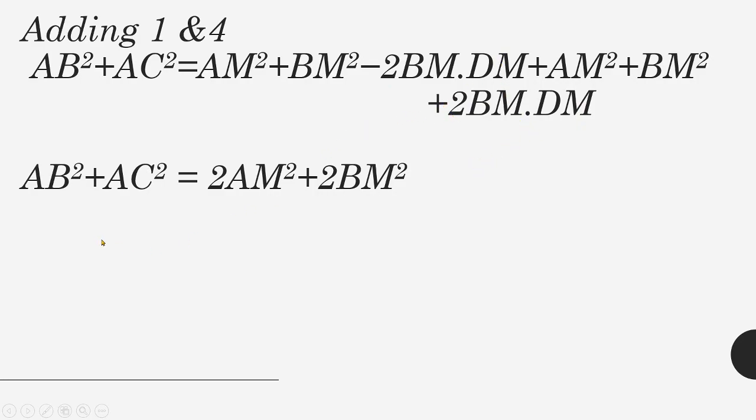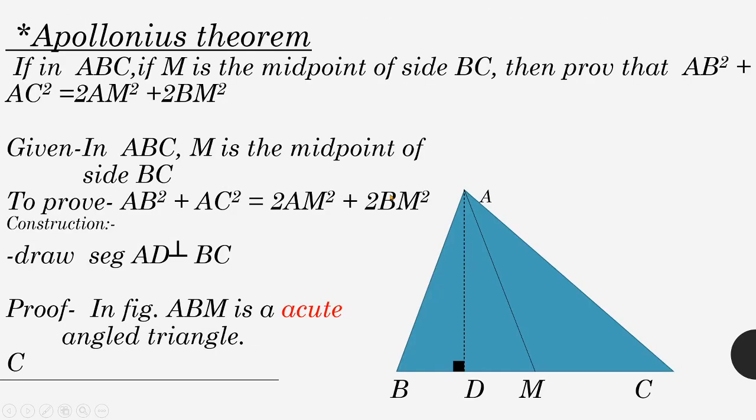After cancelling we get AB square plus AC square is equal to AM square plus AM square. Adding both, AM square becomes 2AM square, and BM square plus BM square becomes 2BM square. So we get AB square plus AC square is equal to 2AM square plus 2BM square. So we proved Apollonius theorem.